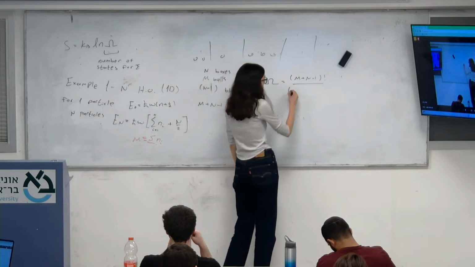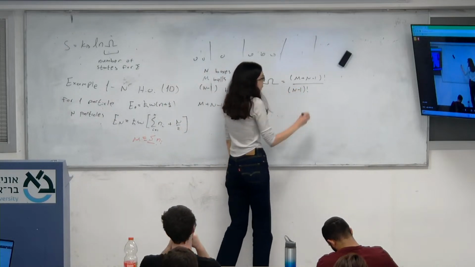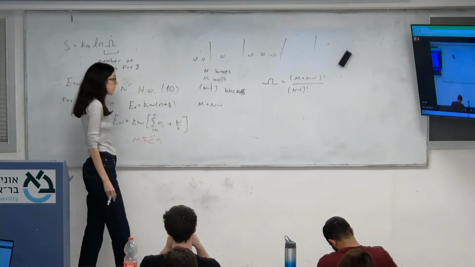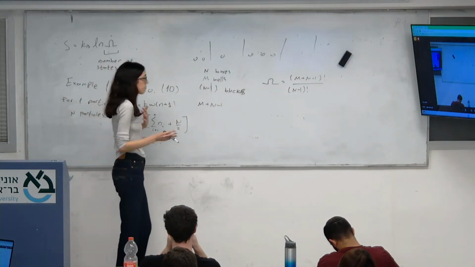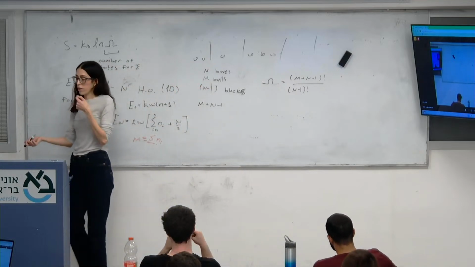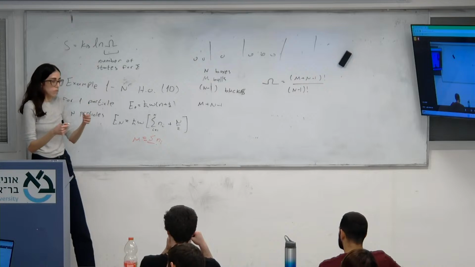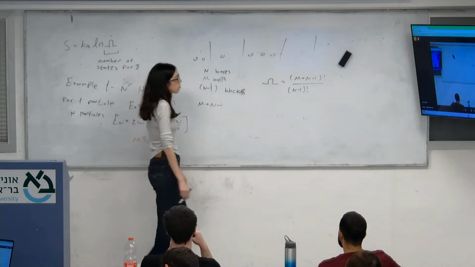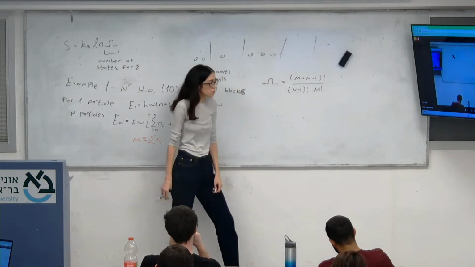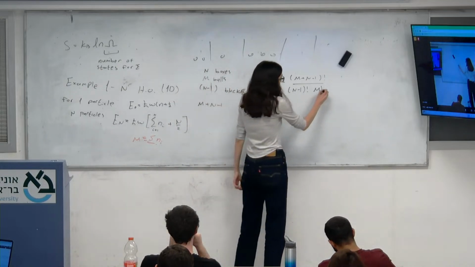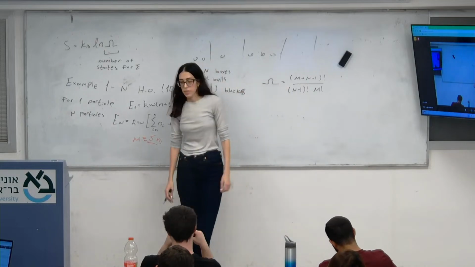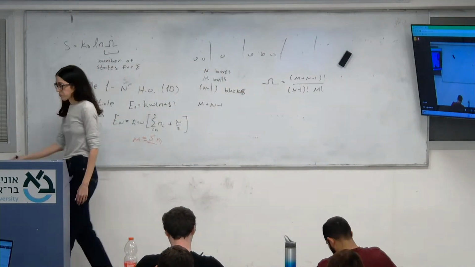So I need to divide by n minus 1 factorial, and the same goes for the energy quanta. I don't have a difference between one energy quantum and the other, so I'm going to divide by m factorial. Overall, this is the number of states that I have in the system.